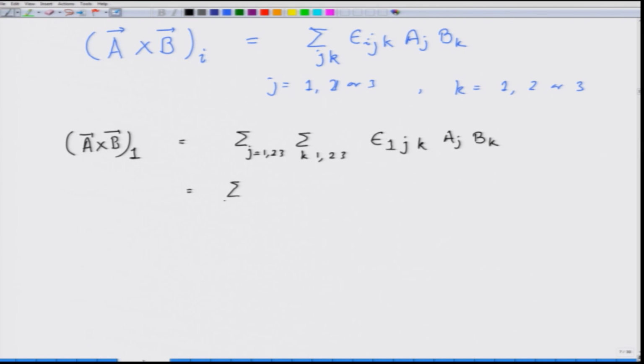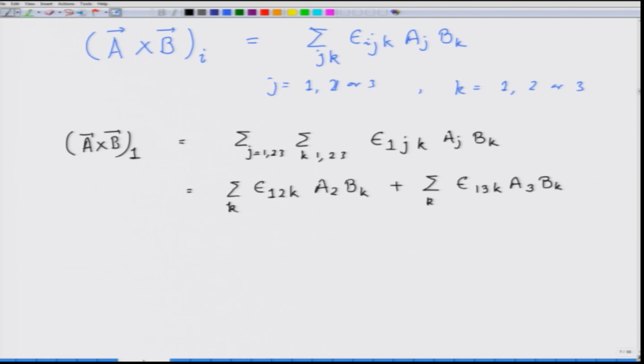For j equals 1, epsilon 1, 1, k is 0. So, j could be either 2 or 3 only. So, I am going to have epsilon 1, 2, k summed over k, taking j equal to 2, a 2 b k, or j could be 3. So, summation with j is 3 and k could be 1, 2 and 3, epsilon 1, 3, k a 3 b k. Now, we have done the sum over j using the fact that epsilon 1, 1, k is 0.